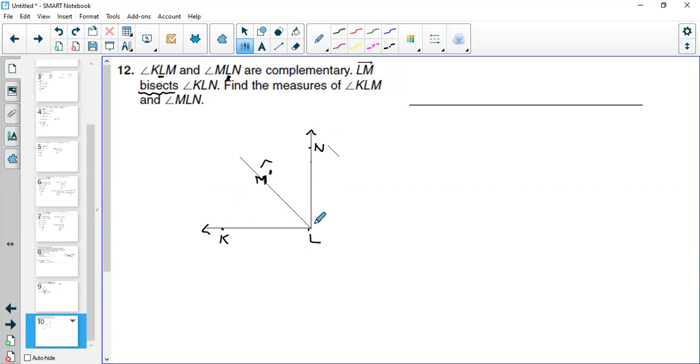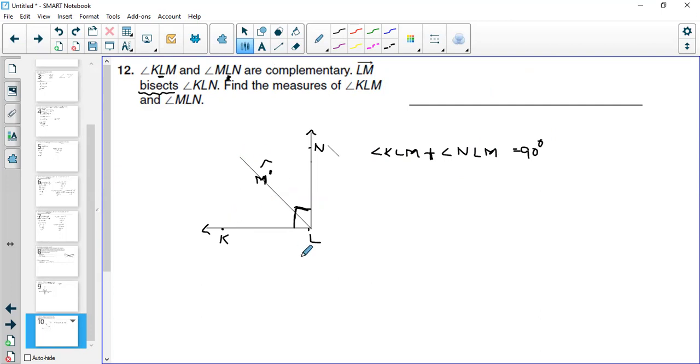KLM and MLN, as you know, are complementary. Complementary means it is 90 degrees. And if this line is dividing the angle into two equal parts, what does that mean? That means angle KLM plus angle NLM should give you 90 degrees because they are complementary.